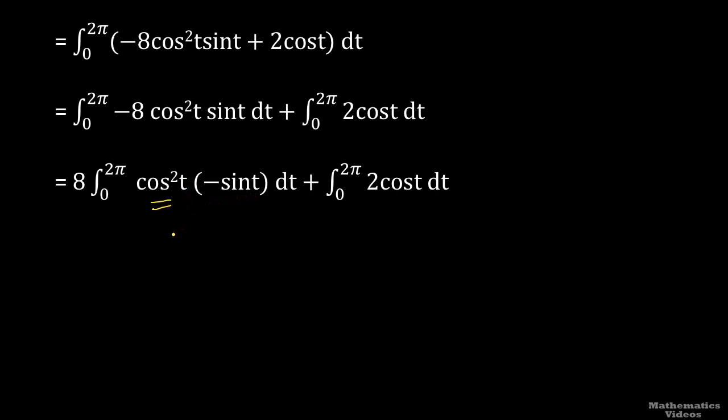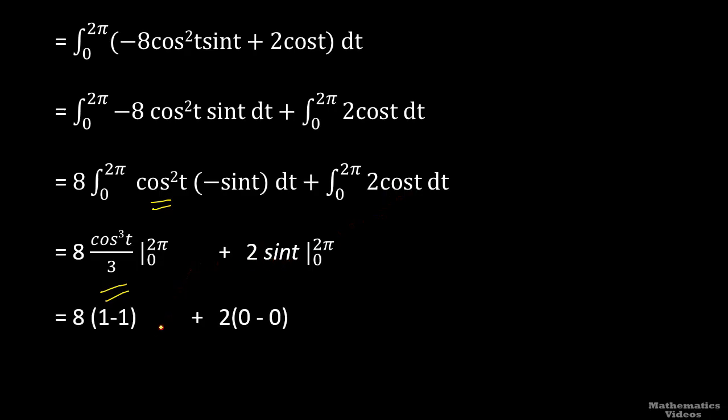The result of applying the power rule of integration is this. And the integral of 2 times cos t is simply 2 times sin t. Apply the limits of integration, and we have this result.